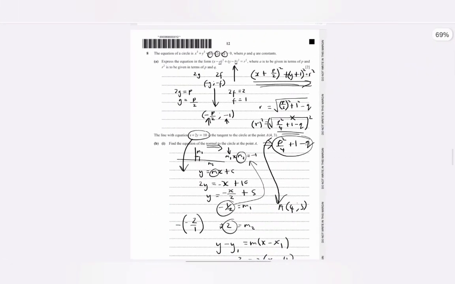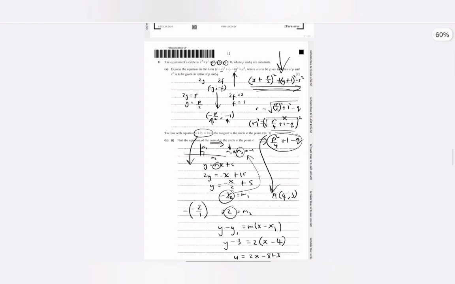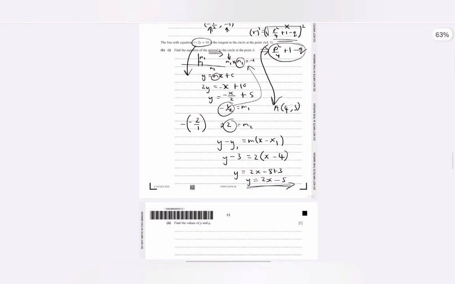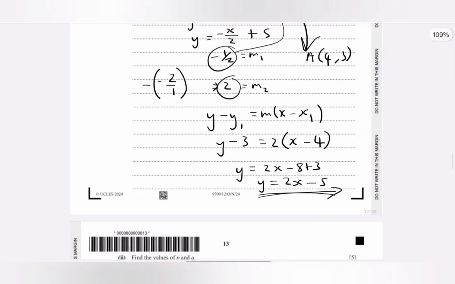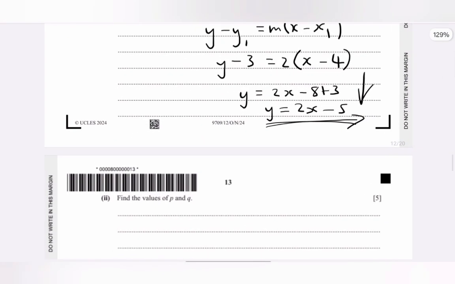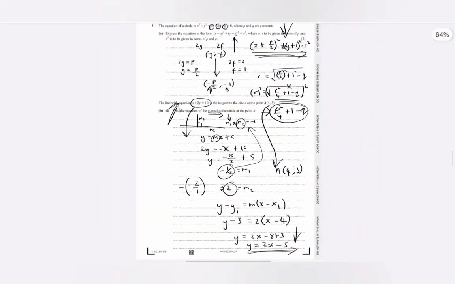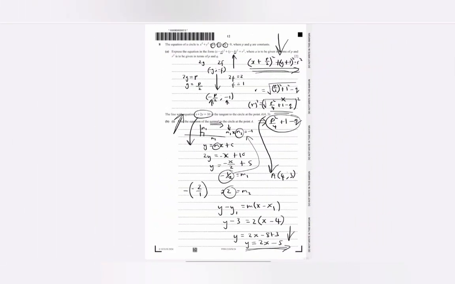We're going to use the equation that we wrote in part A in conjunction with these two equations, and we're going to see if they can give us p and q. So from B part 1, we were asked to find the equation of the normal to the circle at point A, and we got it to be y equals 2x minus 5.